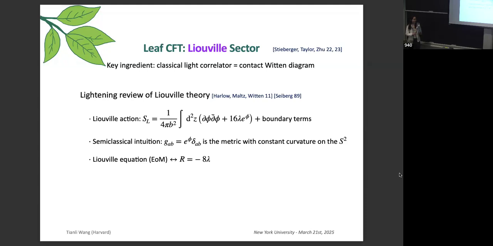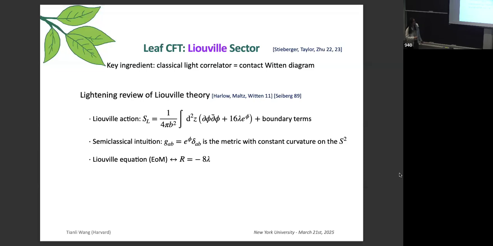Liouville is a very interesting and rich theory. It's an exactly solvable 2D CFT that has many aspects, but here I'll only give you a review of the directly relevant aspects to my talk. So the action is given by this expression here, where we have a usual kinetic term for a complex scalar and an exponential potential.